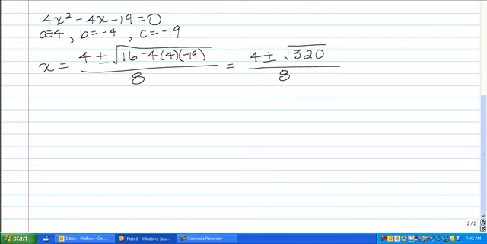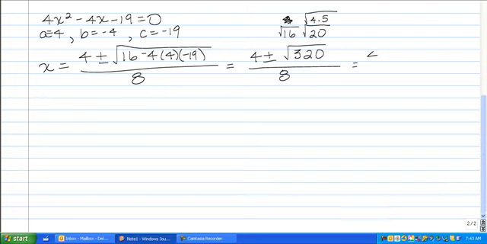Let's see. I know we can take a 16 out of there. 16 times 20. And so that's going to be a 4. And then I'm going to be able to break this times 4. Square root of 16. And this is going to be 4 times 5.